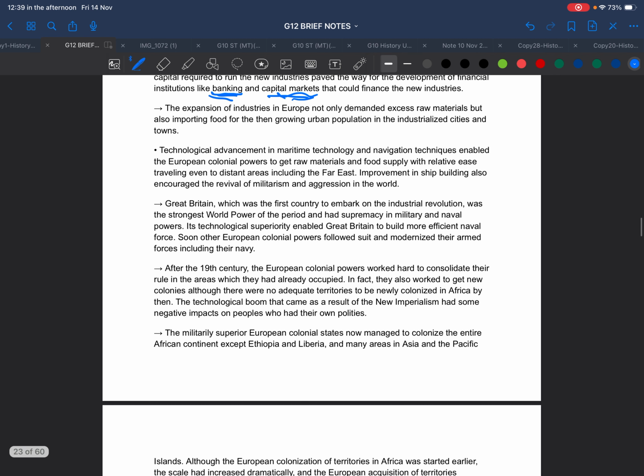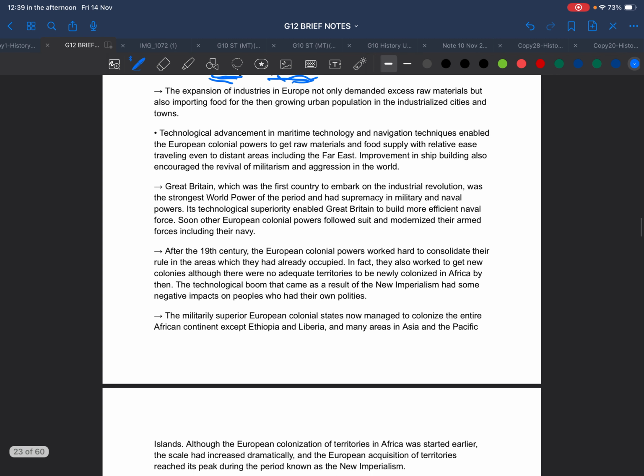The expansion of industries in Europe not only demanded excess raw materials, but also importing food to their colonies for the then growing urban population in the industrialized cities and towns.